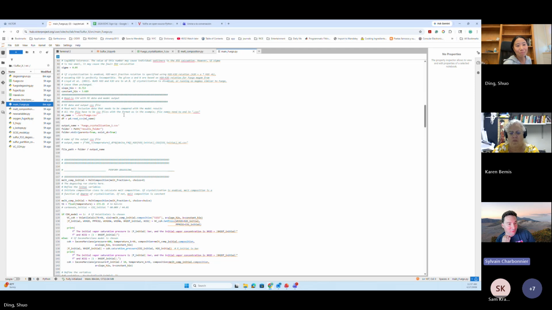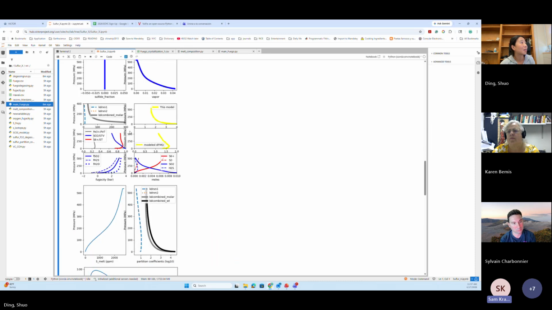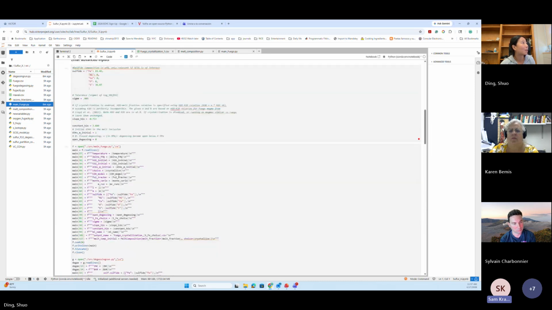So the question is, if you change anything in that main Fuego file, is that okay? Right now the way I have it is a little bit hard coded by line. For the main Fuego, all of the input parameters, it's just basically replacing that line.